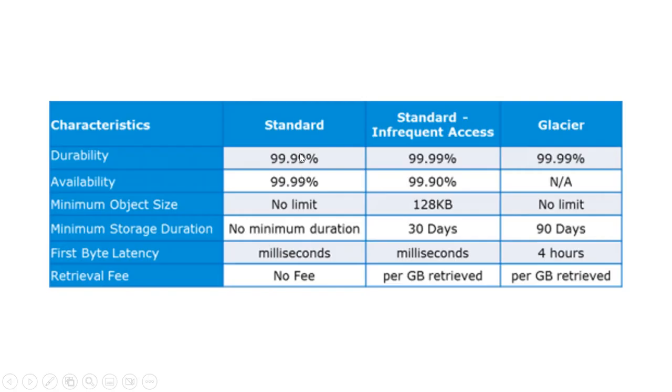For infrequent access and Glacier, charges are applicable based on the GB of data you retrieve or download. So now we've got these three main classes.